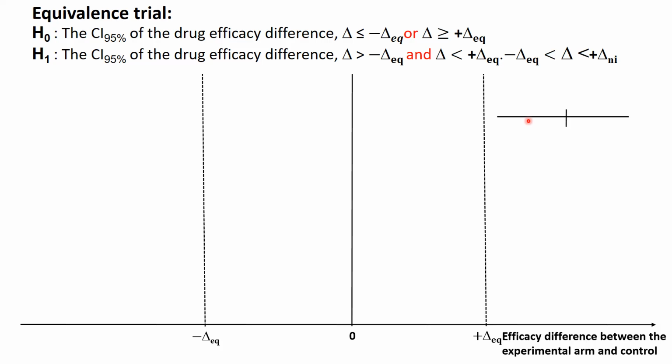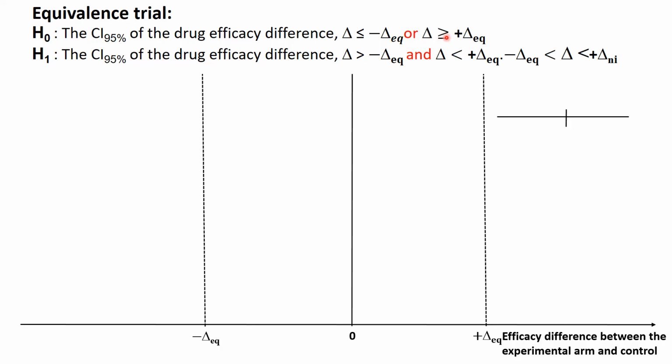So looking at this, would we say it's demonstrating equivalence or not? In terms of the upper boundary, for it to demonstrate equivalence it is supposed to be less than this boundary, but we can see that it's rather greater than this.